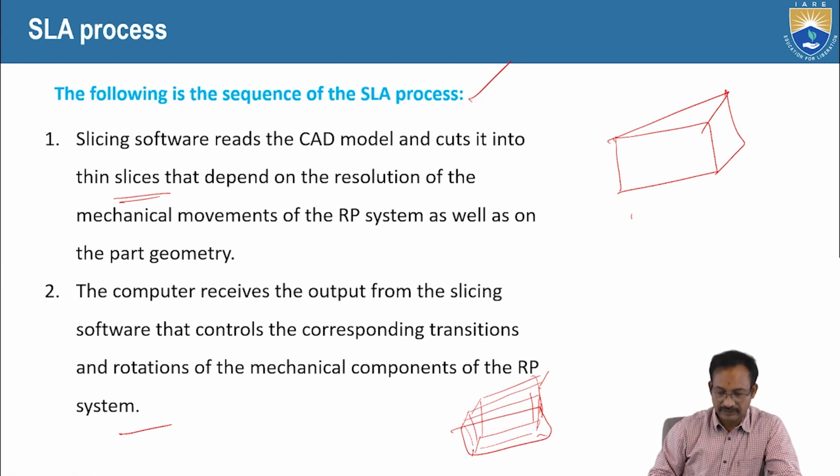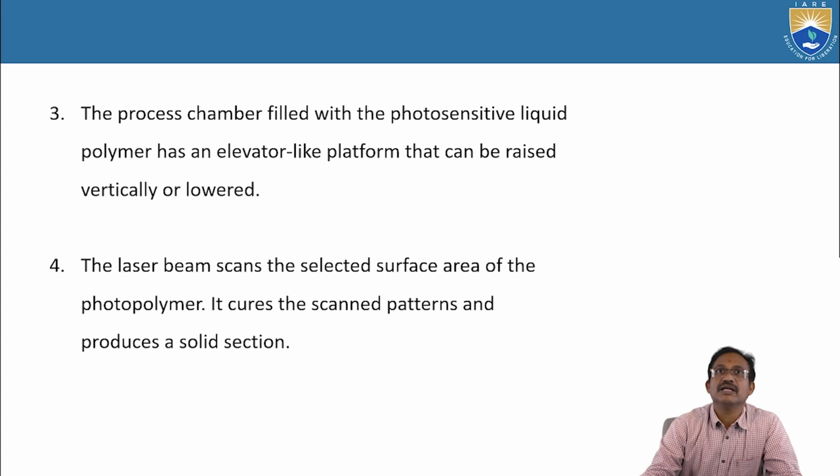Third one, the process chamber filled with the photosensitive liquid polymer has an elevator-like platform that can be raised vertically or lowered. The laser beam scans the selected surface area of the photopolymer.